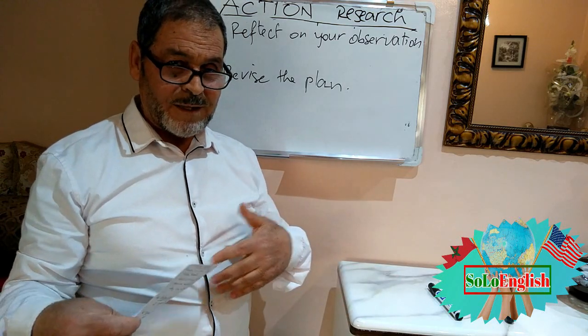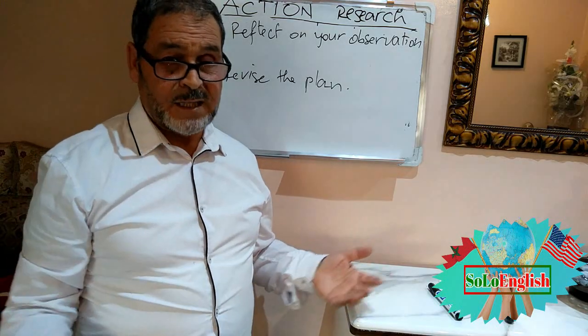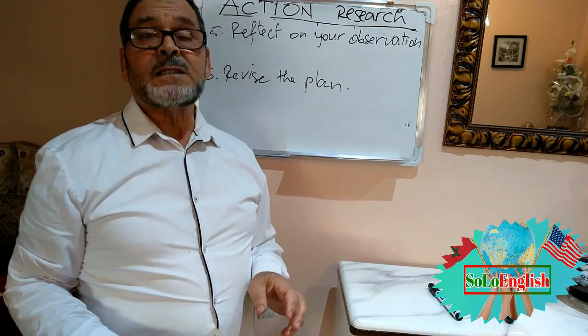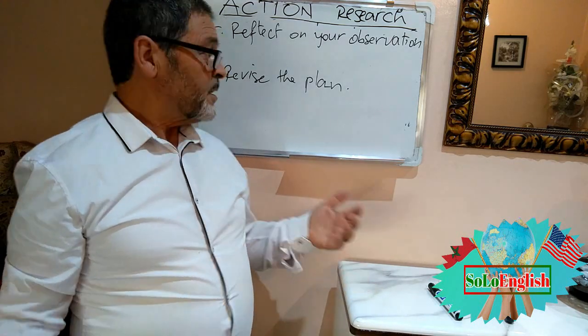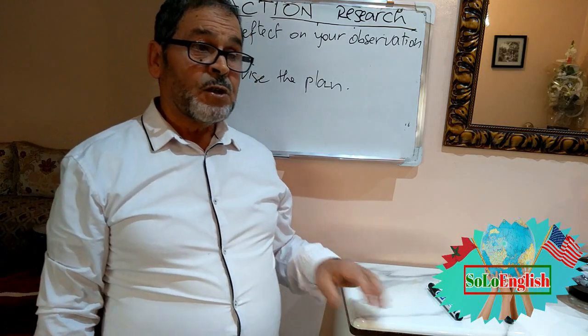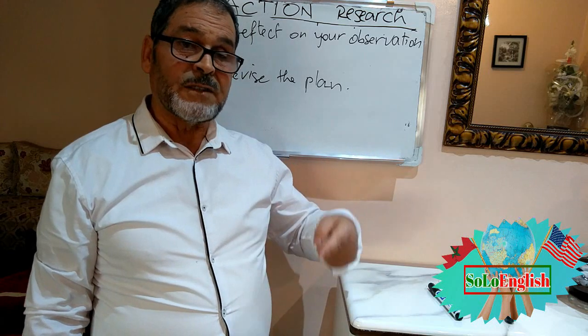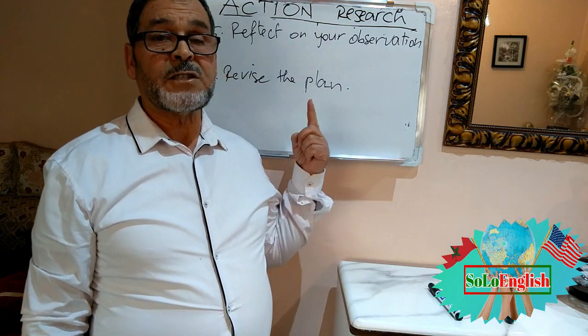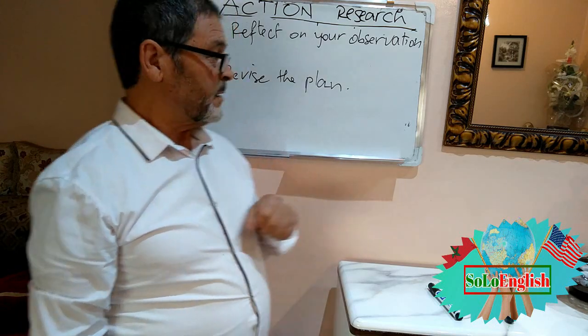We come up with theories, as a linguist or as an educator, or it can be done by the teacher himself. It can be done by a number of teachers. So when we reflect on our observation, it means to study what are the results given through the observations of all the problems we have taken.